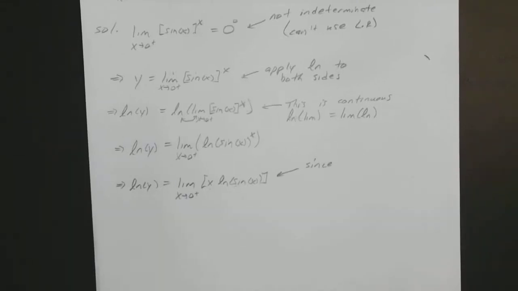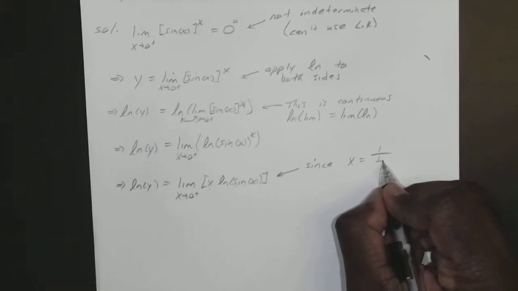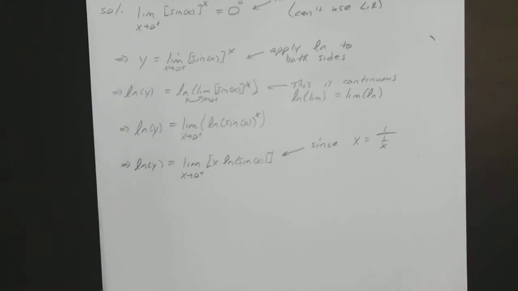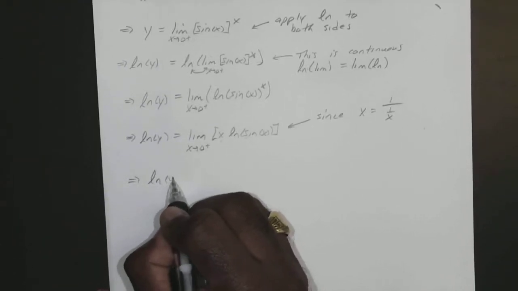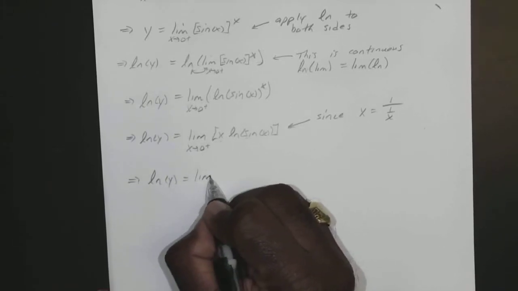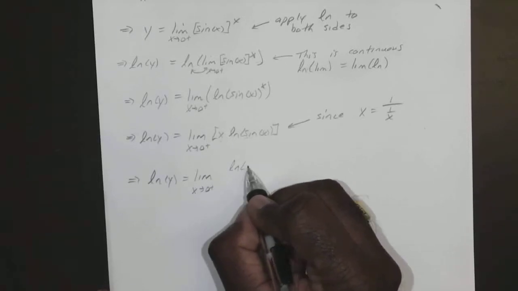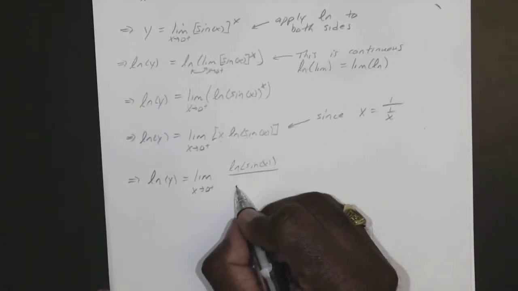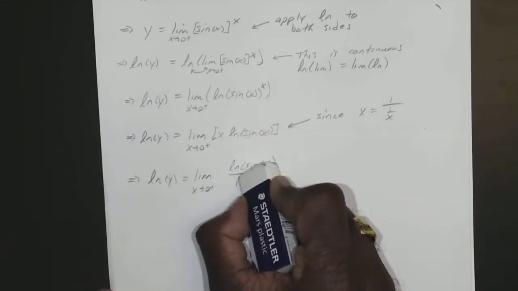So x equals 1 over 1 over x, and we can actually rewrite it that way. It gives us the natural log of y equals the limit as x approaches 0 from the right of the natural log of sine of x over 1 over x.